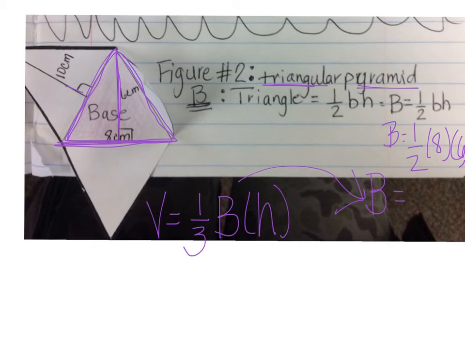In this case, we have a net, so I just put the height of your pyramid over here to the side. So the height of your pyramid is going to be 10. So you would have 1/3 times the area of your base times 10. Once you have your answer, push pause and let Miss Ricky and I check it.